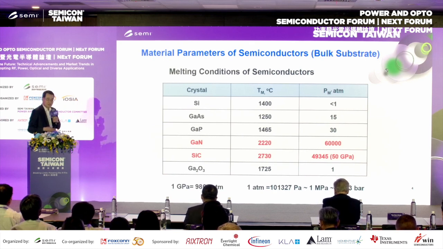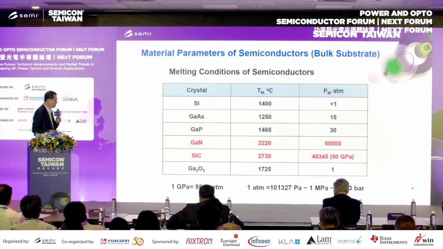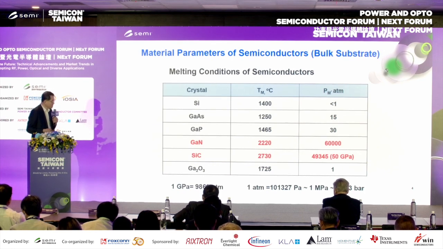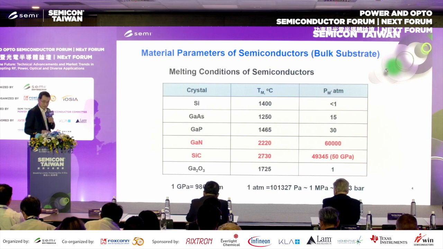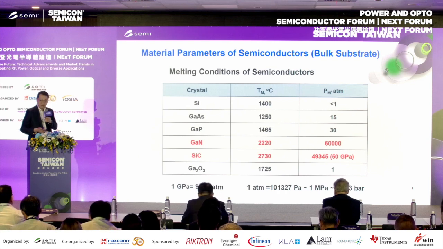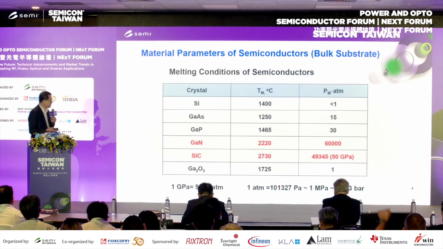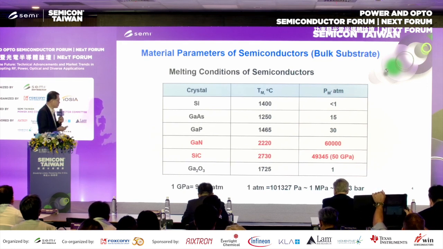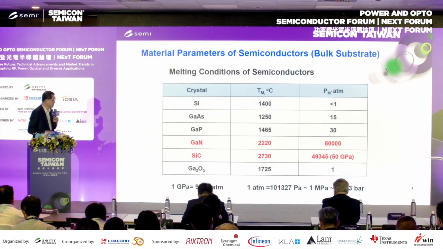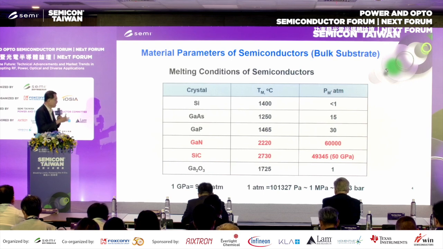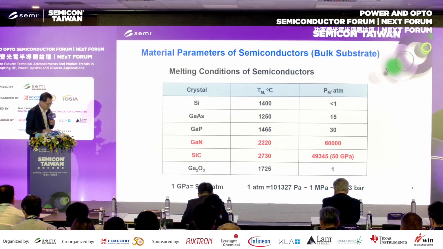But gallium oxide is only 1,700. So its melting point is lower than gallium nitride and silicon carbide, and only a little higher than conventional silicon.